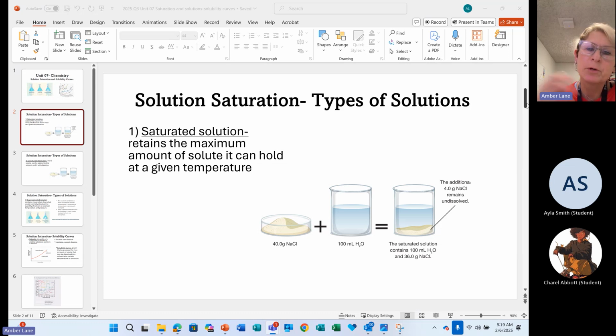If you were to put more solute into a saturated solution, it would not dissolve. It would just drop down to the bottom of the container. It is saturated with as much solute as it can possibly handle, and if you add more, it's not going to dissolve. That's the first type.